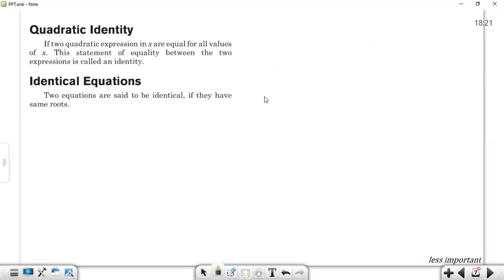Quadratic identity: let's say x plus 1 whole square is a quadratic expression in x. If two quadratic expressions in x are equal for all values of x, this statement of equality between the two expressions is called an identity. Basically, x plus 1 whole square we can write as x square plus 2x plus 1, right? So it's a quadratic identity.